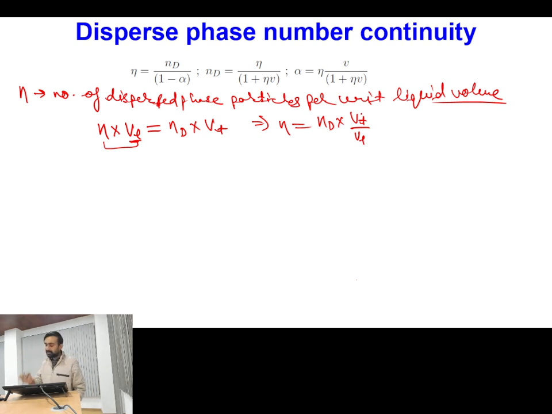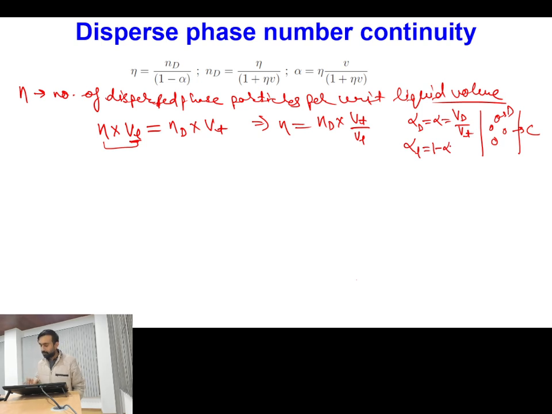So if I only consider the two component system where one is dispersed phase and the other one is continuous phase, I can define alpha d, by single symbol alpha, which will be equal to volume of dispersed phase by total volume, and alpha L, which will be simply equal to 1 minus alpha.